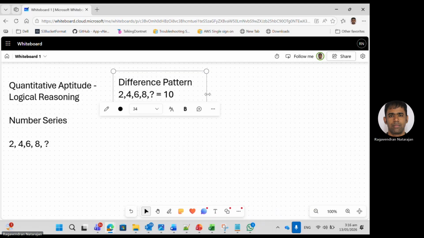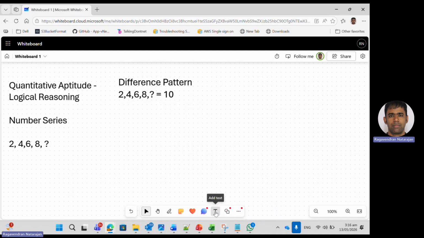This one is a simple pattern. When you go for a number series question, first apply your mind to whether it is a difference pattern, because it's the simplest in number series. Let's move on to a more logical thinking pattern, that is the mixed pattern.